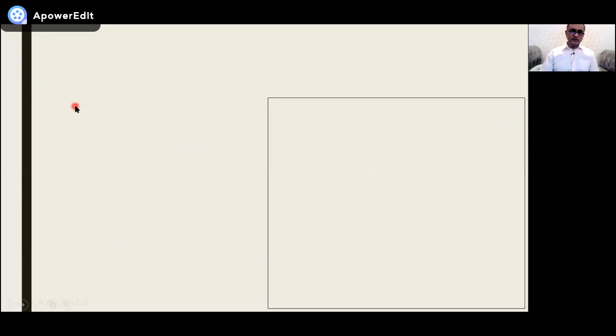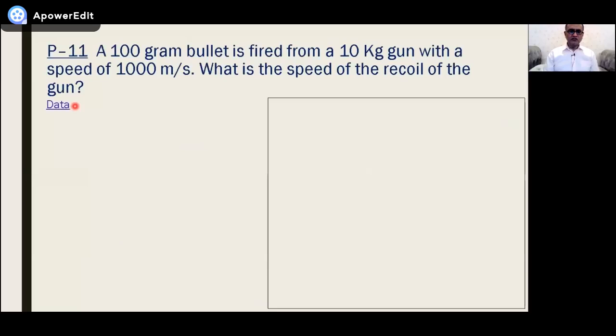So see the next question. From the concept of momentum, recall your memory, the product of mass and velocity is called momentum, and the formula we had, m1u1 plus m2u2 is equal to m1v1 plus m2v2, the law of conservation of momentum.